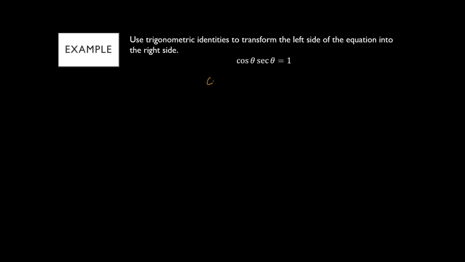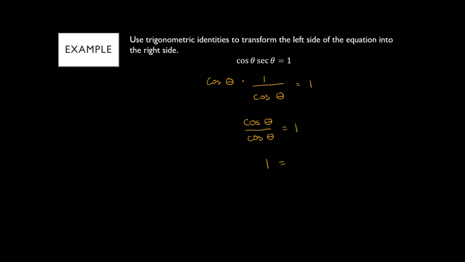So we have cosine of theta times, and then secant is 1 over cosine of theta. And you can see that basically if you multiply those, you get cosine of theta over cosine of theta, and anything over itself is equal to 1.